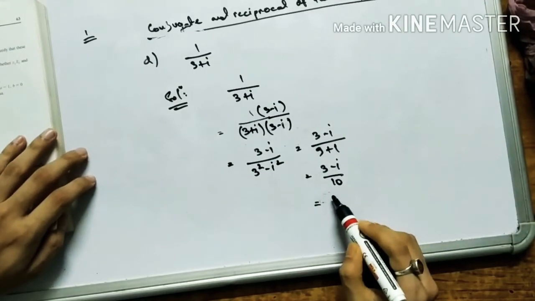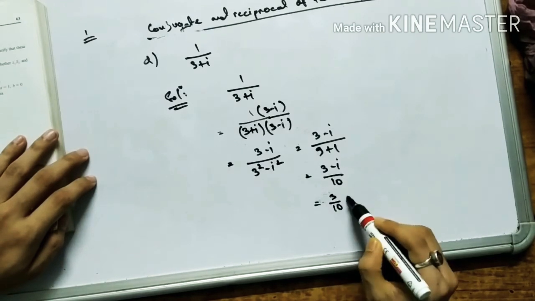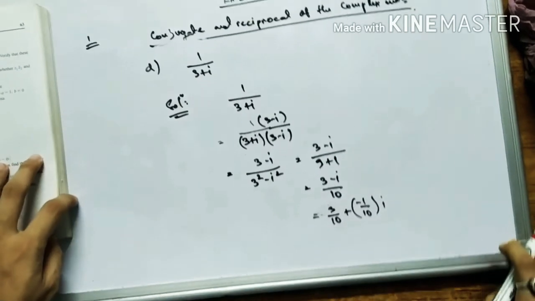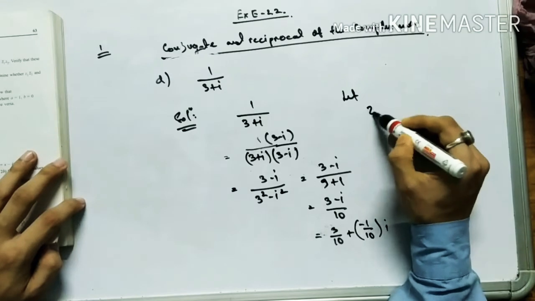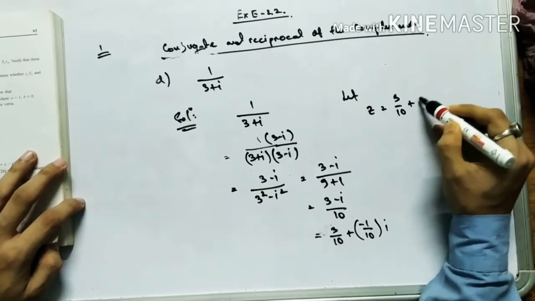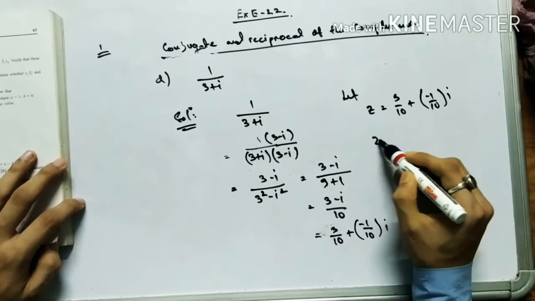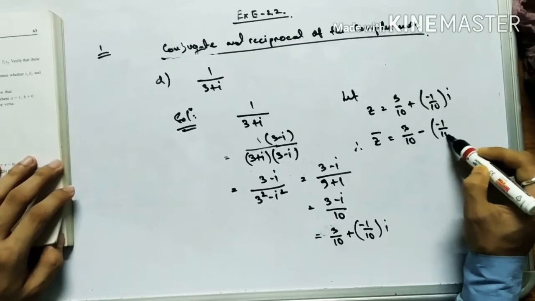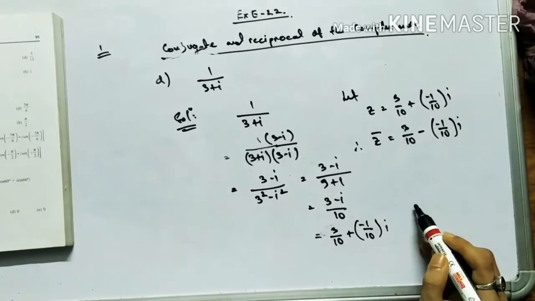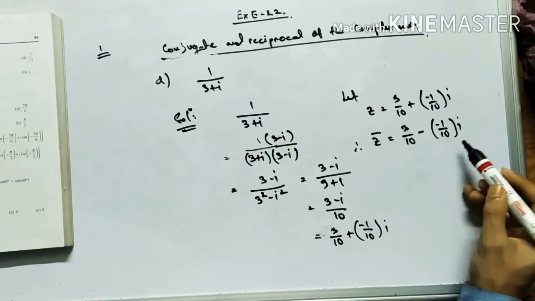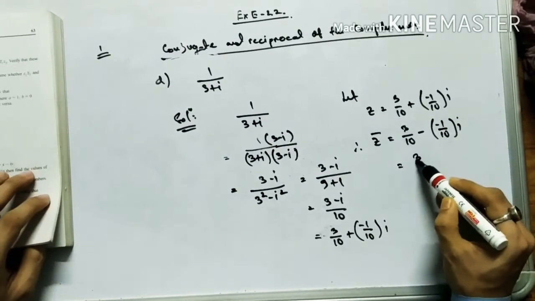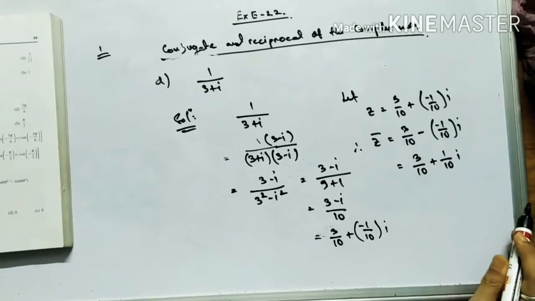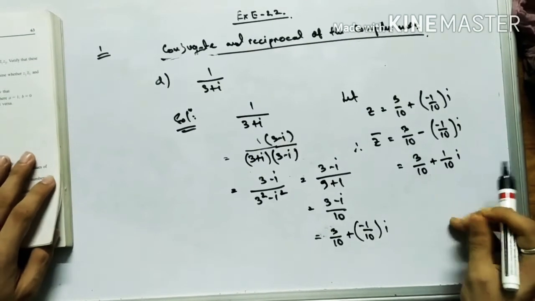If I write it in the form of A plus IB, I will get 3 by 10 plus minus 1 by 10 into I. Now let z be equal to 3 by 10 plus minus 1 by 10 I. Therefore the conjugate z bar will be 3 by 10 plus 1 by 10 I. This is z conjugate.